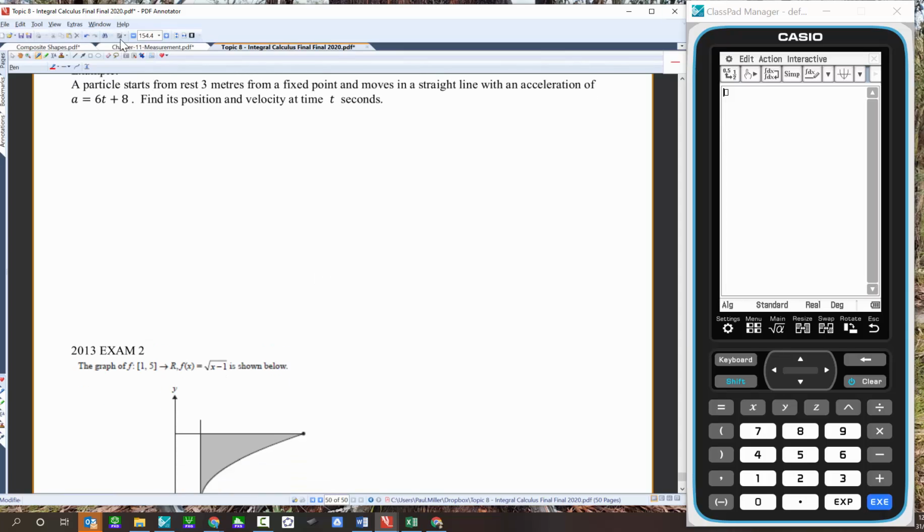So here we go. A particle starts from rest 3 meters from a fixed point and moves in a straight line with an acceleration of this. Find its position. Okay, so basically we've got a particle starts from rest 3 meters from a fixed point and moves in a straight line.